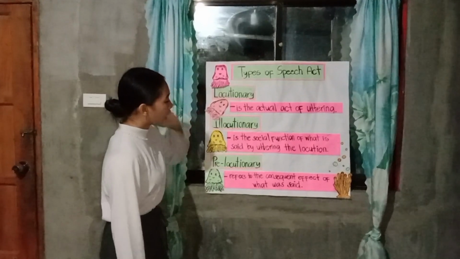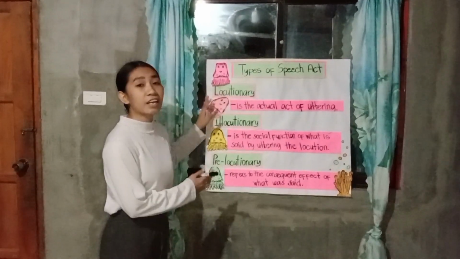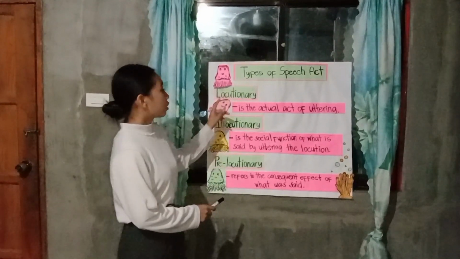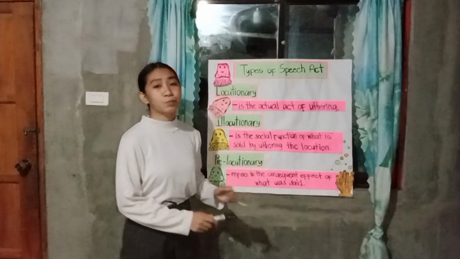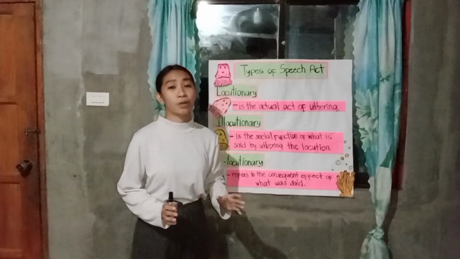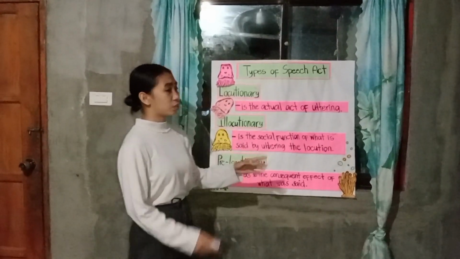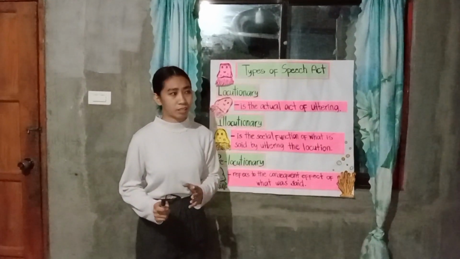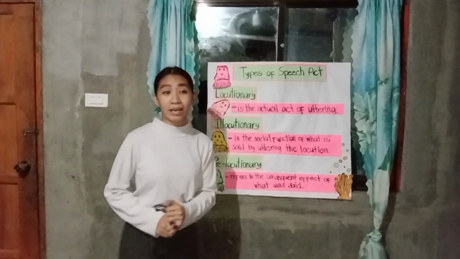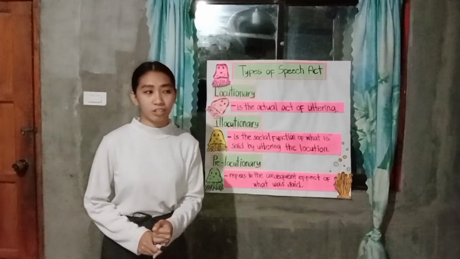In short, these three are connected with each other. For example, our locution is, please wash the dishes. That is our actual act of uttering. Its illocutionary intention is to request the receiver of the message to wash the dishes.